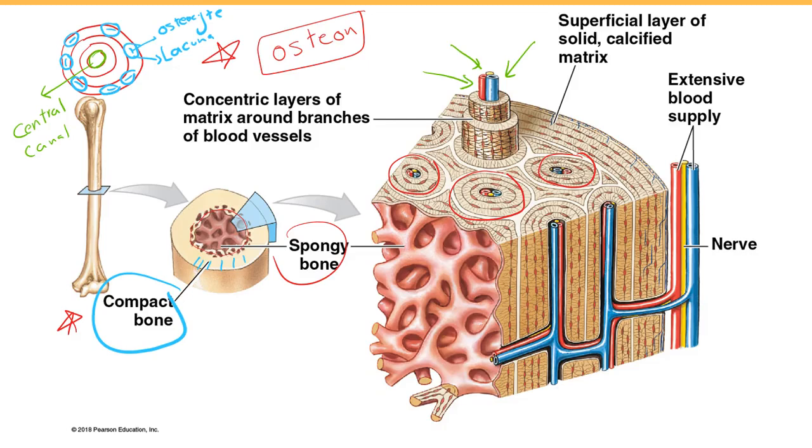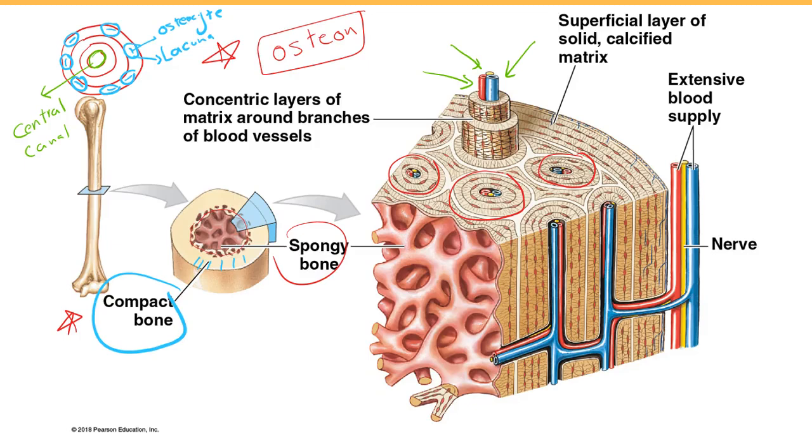So in this picture, you can see how an osteon is composed of repeating cylindrical units, and at the center we have the central canal, which contains blood vessels and nerve. Each layer of the osteon is composed of bone tissue, made of bone cells, osteocytes, and their house, which is called lacunae.